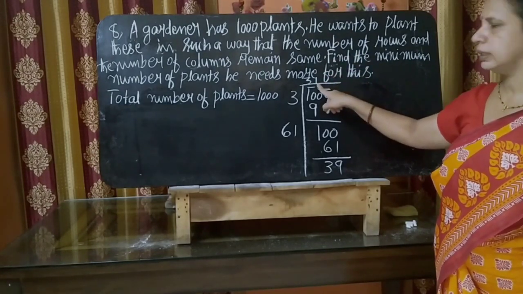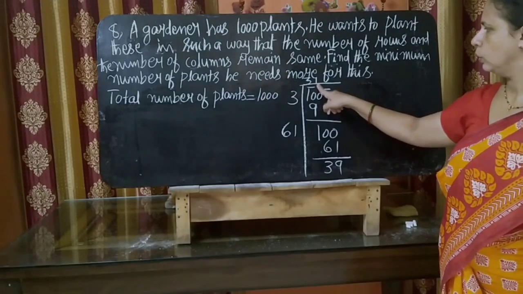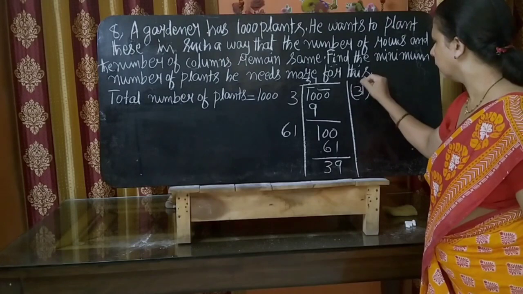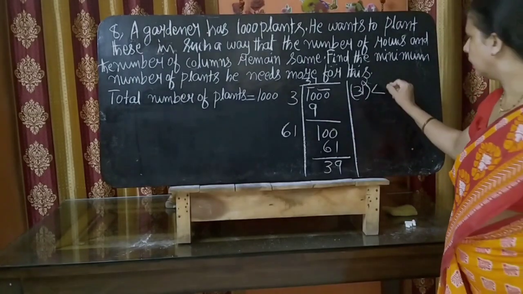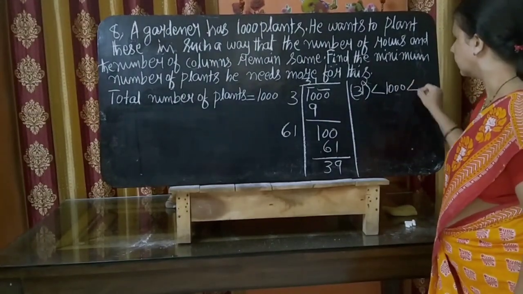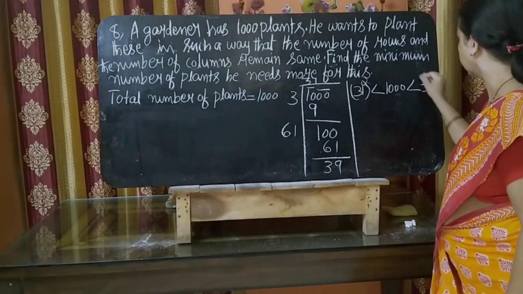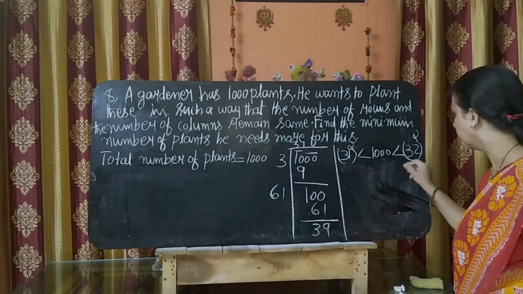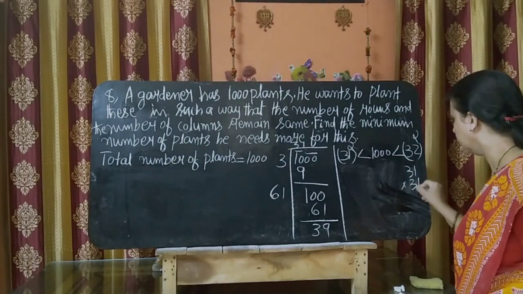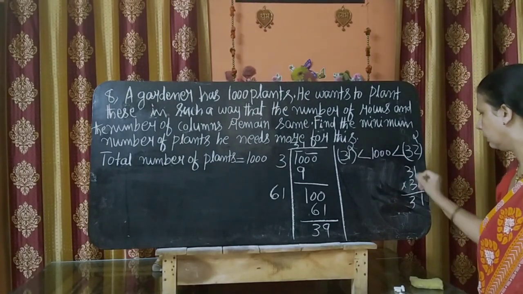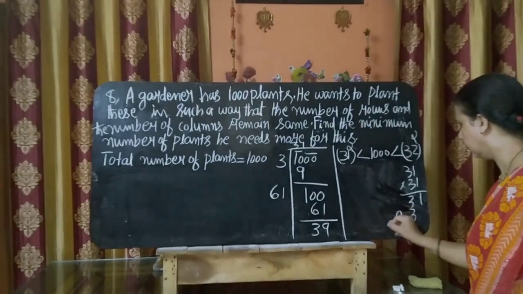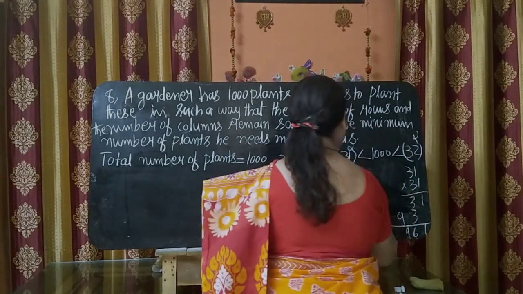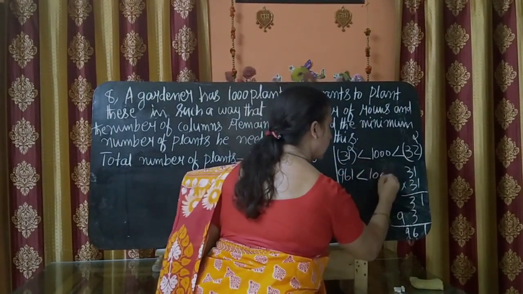The next number after the quotient is 32. Here 31 square is less than 1000, less than 32 square. 31 square, 31 into 31: 1, 1, 1, 1, 3, 1, 3, then 3 3s are 9, 1, 6, 9. 961 is less than 1000.